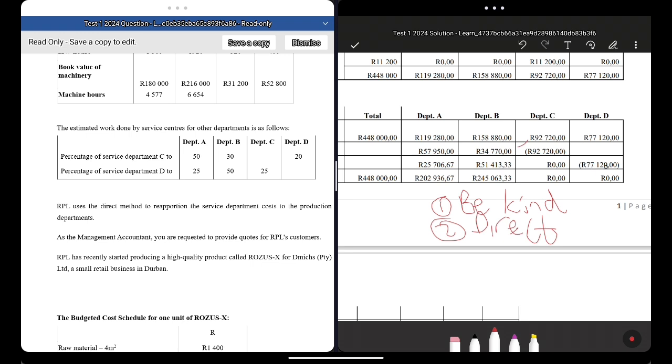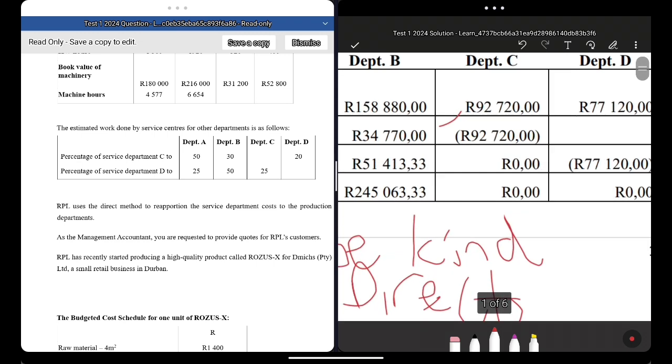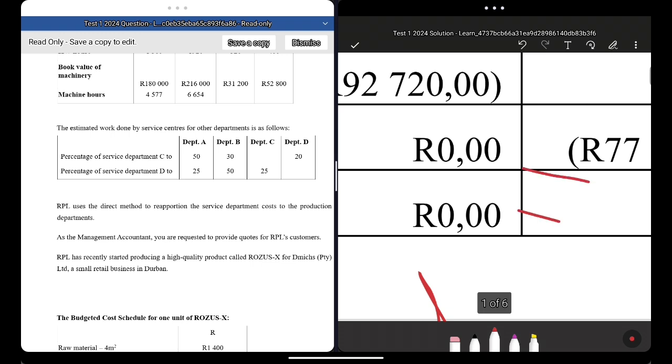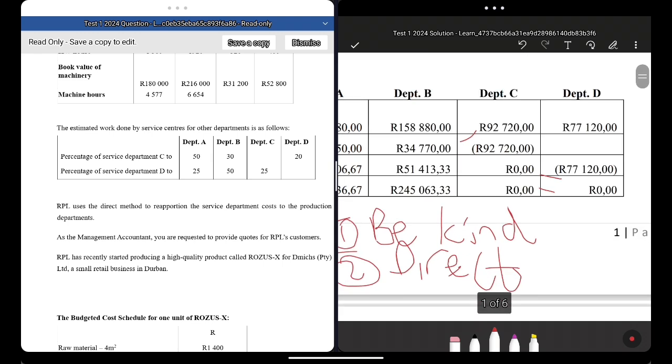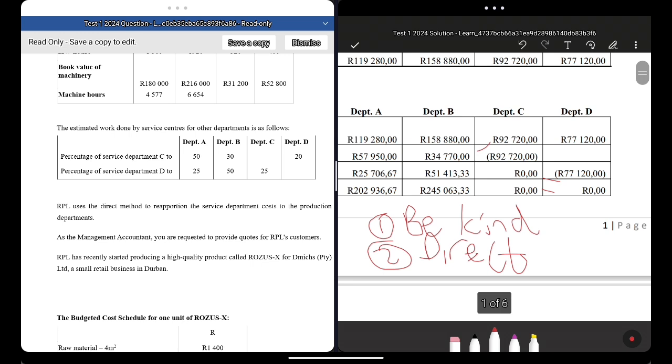This 77,120 is only shared to the production departments now, not Department C. Department C is 0, closed off, gone, goodbye. I like to say that when he was kind, he shared everything and then he died. He's gone to heaven. So he's no longer with us, he's 0. Poor thing. Five seconds of silence for him. Right, so we gave our condolences. So he died, in the second step, the direct method.